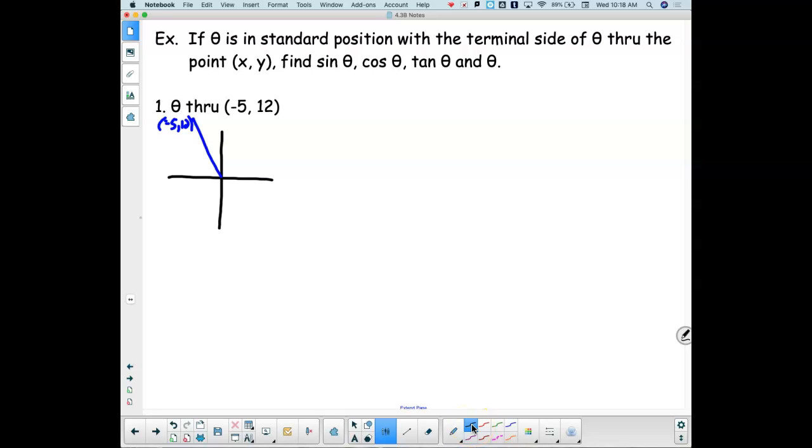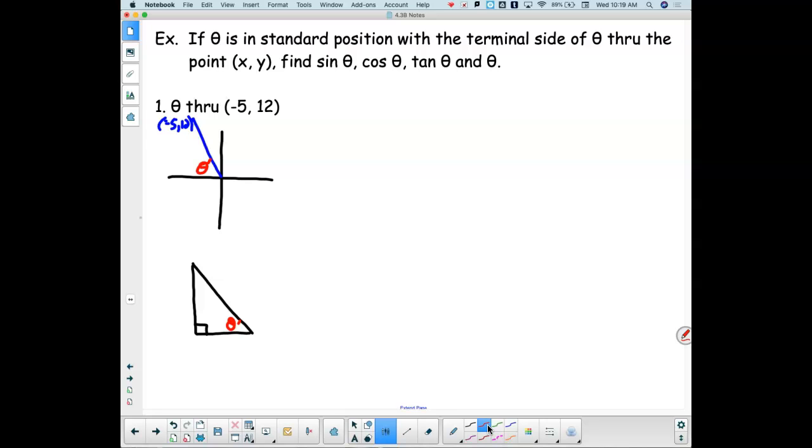Now, I'm going to add to that another picture. And my other picture is going to be a quadrant 2 right triangle. What sides can I fill in on said triangle to make this angle here, my reference angle, be right here?